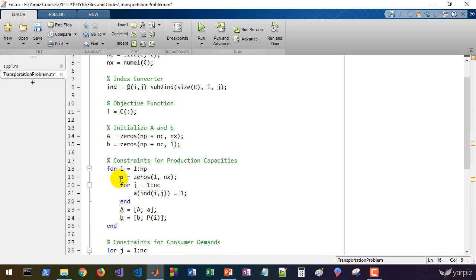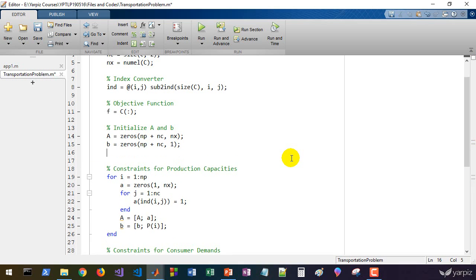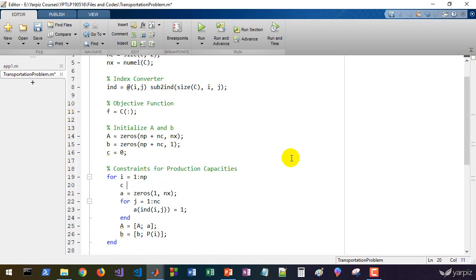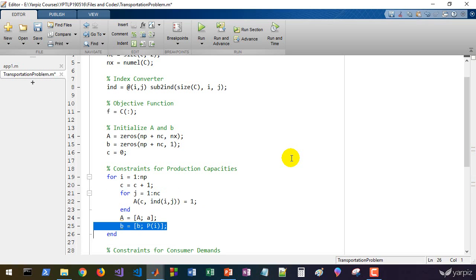And now we must use some counters, for example c equal to 0, and here we must increase c and fill the 3rd row of our matrix, and A in the row number c and in the column indicated by this index equals to 1, and we don't need this, and we don't need this too.